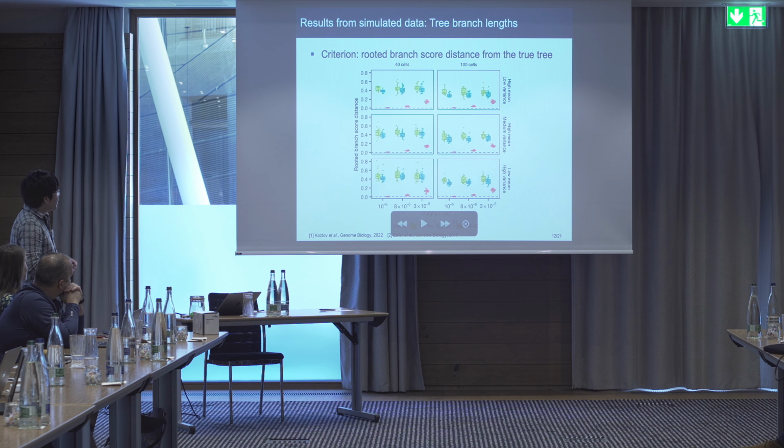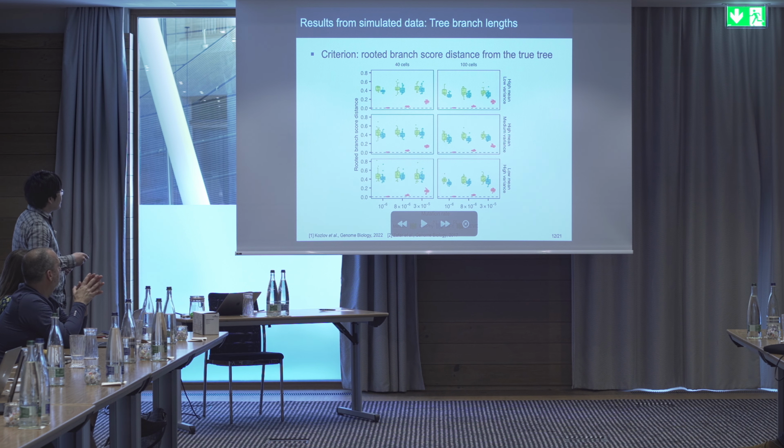So now there are some more results from the simulation study. We first compare the tree branch lengths using the criterion of rooted branch score distance from the true tree. In our simulation, we have 3 main variables. The first one is the mutation rate, where we have 3 categories.